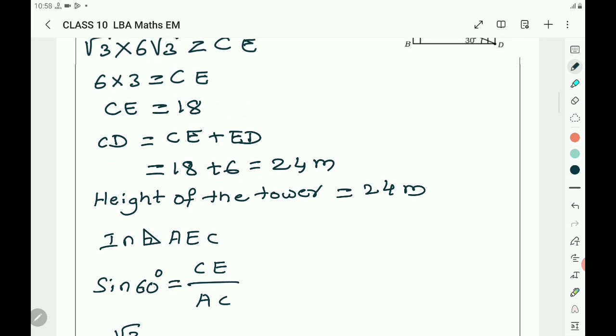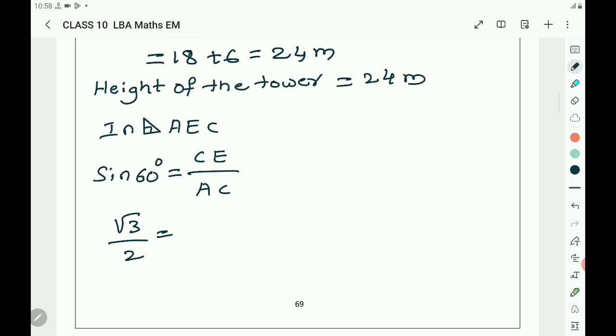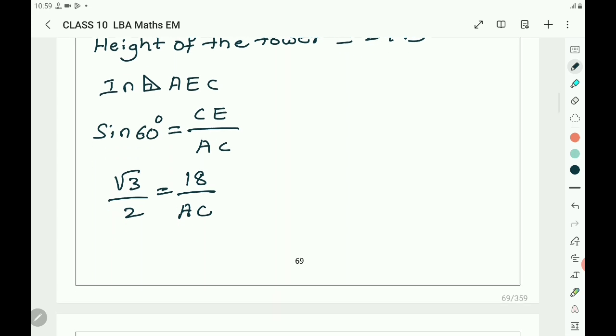CE is equals to 18 by AC. Then by cross multiplication, root 3 into AC equals 36.